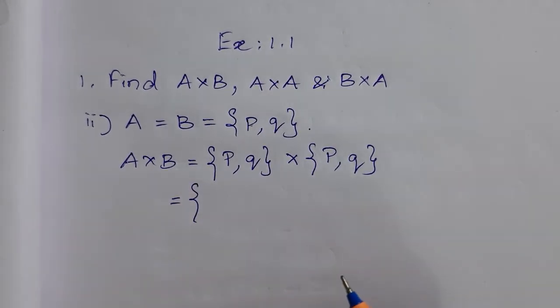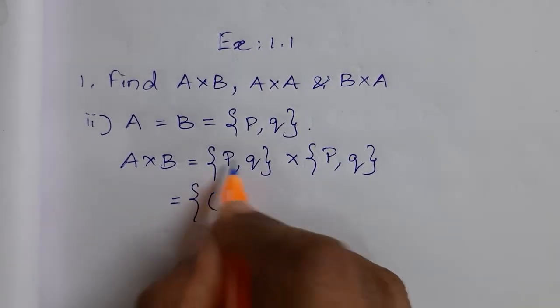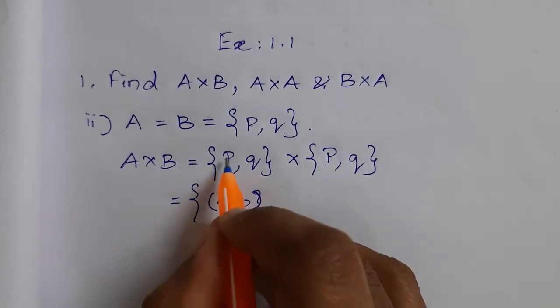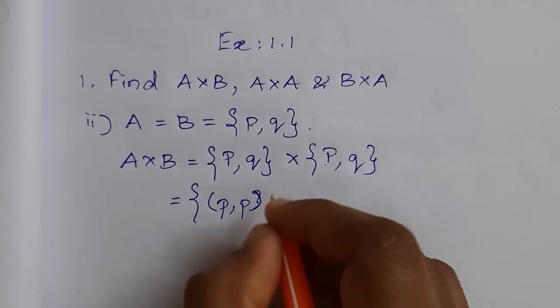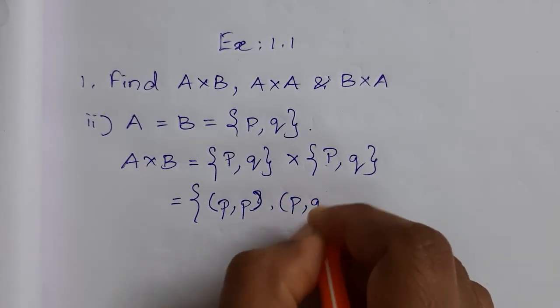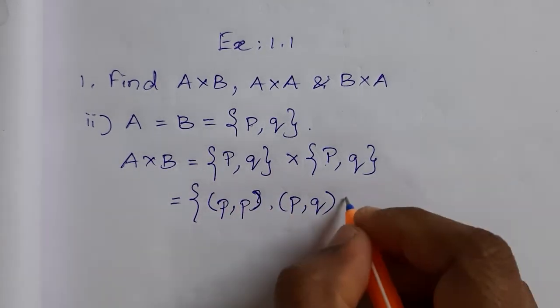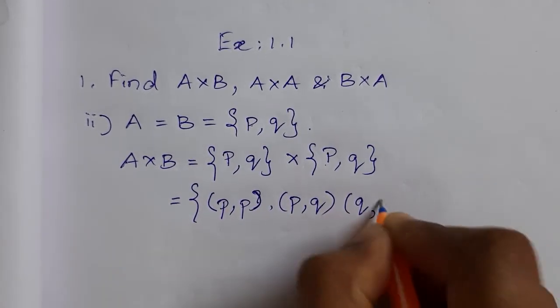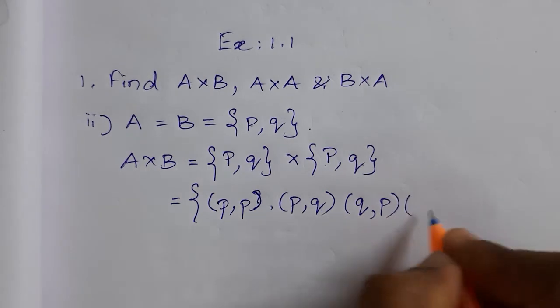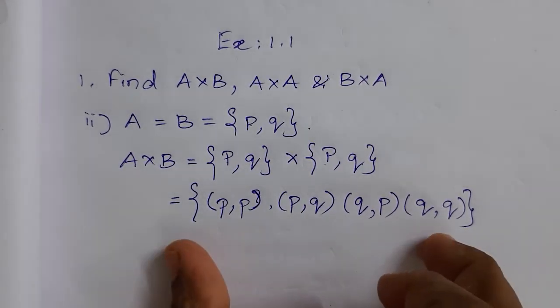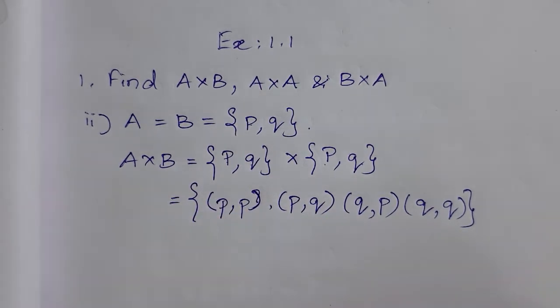Open set bracket: (P, P), then the next is P with Q, (P, Q). Then taking the second element of set A: (Q, P) and (Q, Q). So we have listed out the elements of A cross B.